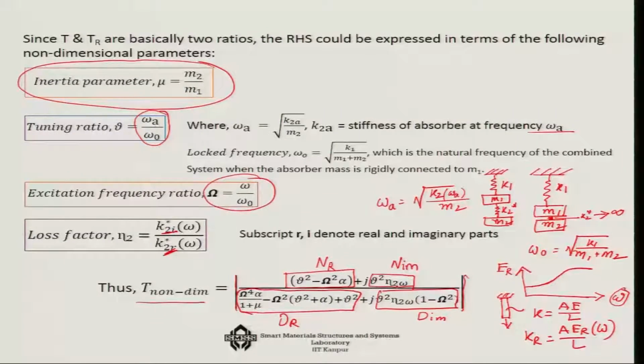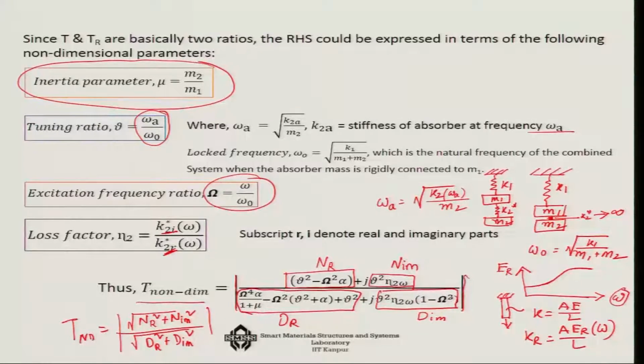You can find the non-dimensional transmissibility very easily once you know what is n r, n imaginary, d r, and d imaginary, because all that you will be doing is taking the ratio of n r square plus n imaginary square in the numerator, and in the denominator d r square plus d imaginary square, and that amplitude will be our T non-dimensional.